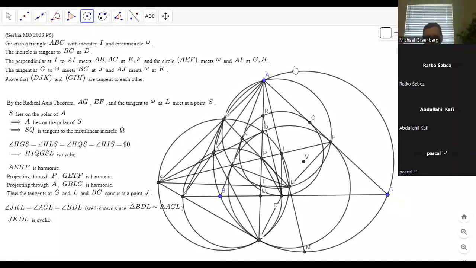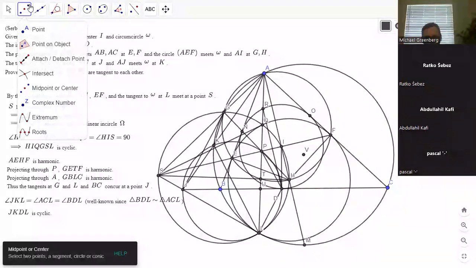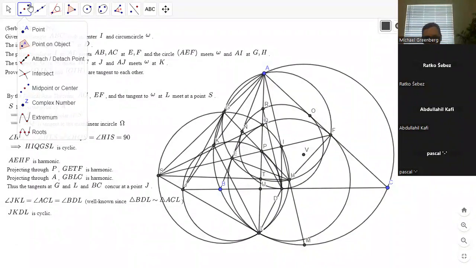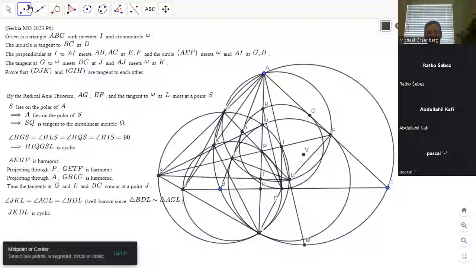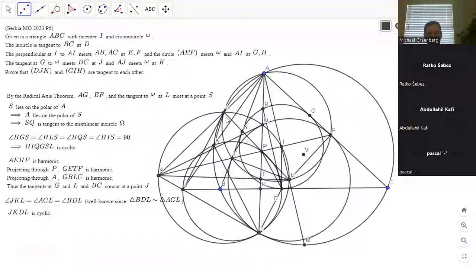I think I'm close here. So 180 minus this is 180 minus 90 minus that, which is 90 plus this. So wait, this is weird. So I want to show this angle.